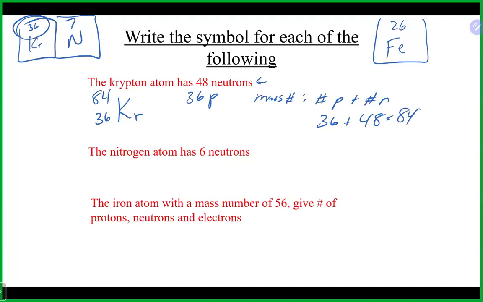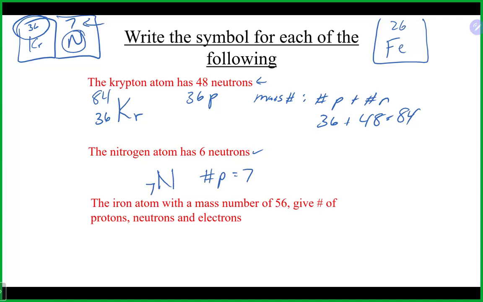Next is nitrogen. So once again, you go to the periodic table, you find the symbol for nitrogen, which is N. In this case, we also can directly from the periodic table find the atomic number, which is our bottom left. Just like above, that tells us the number of protons is 7. It gives us that the number of neutrons here is 6.